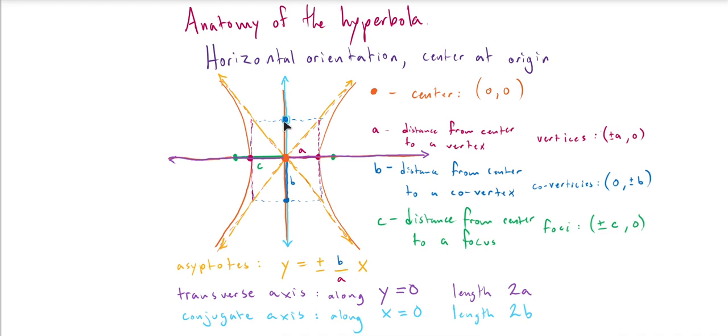We will call these positions here of distance b along the conjugate axis the co-vertices of the hyperbola. But unlike the co-vertices of the ellipse, they are not positioned on the hyperbola, but are instead off of it. c is familiar, however, because c is going to again be the distance from the center to a focus.